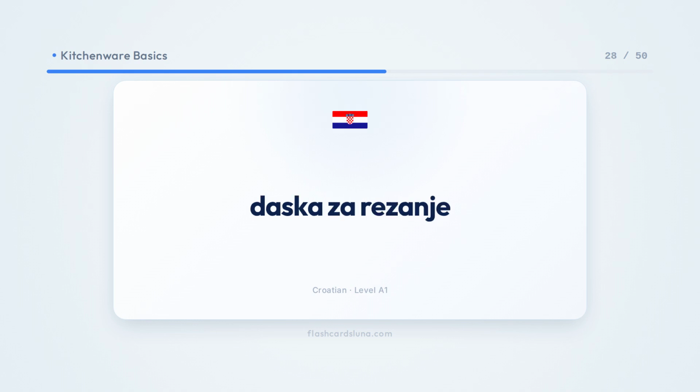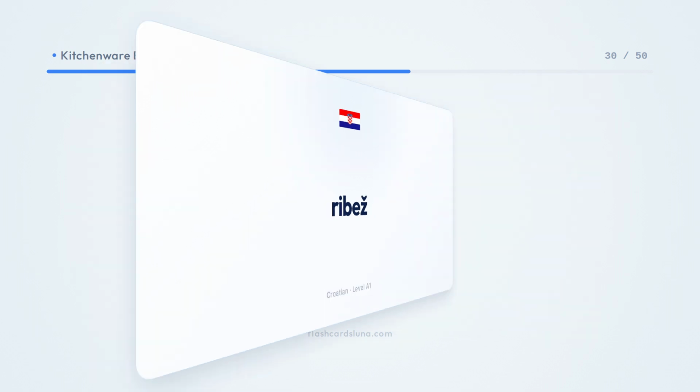Daska za rezanje. A cutting board. Gulilica. A peeler. Ribež. A grater.